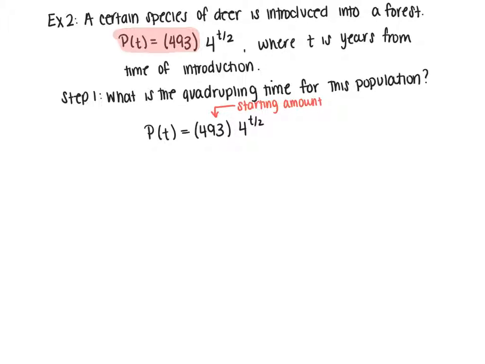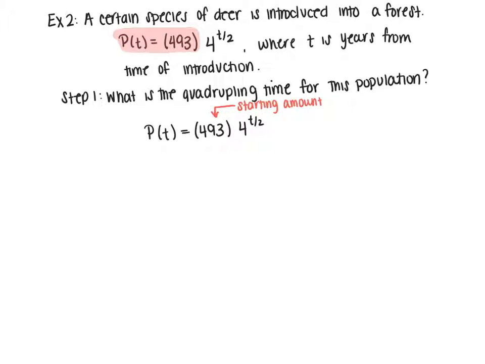So you'll see on the screen, I went ahead and reminded you that the 493, that's the starting amount of deer. That is always your A sub 0, your starting amount, your starting population, your starting amount of isotope like in the last example. But in this case, it's 493 deer were the starting amount. So step 1 says, what is the quadrupling time?